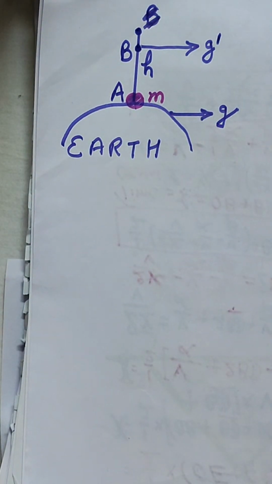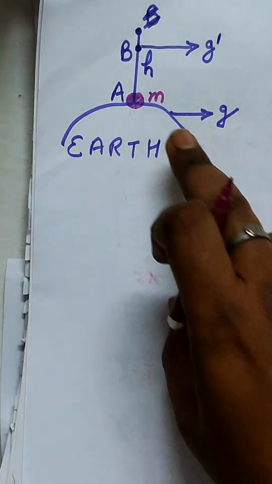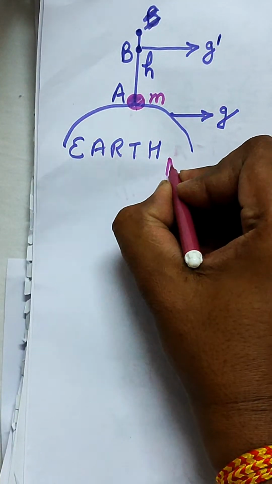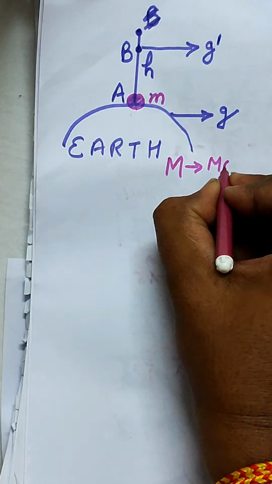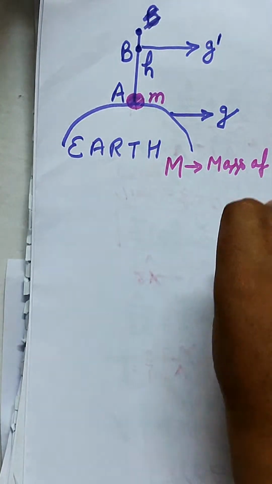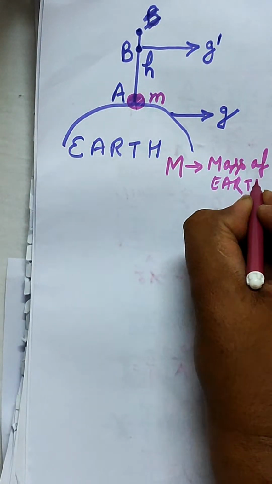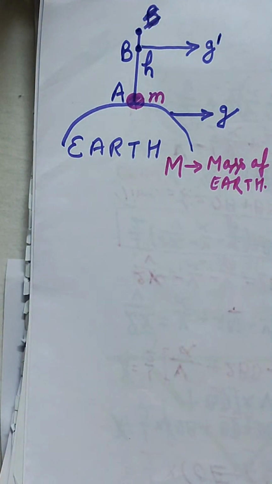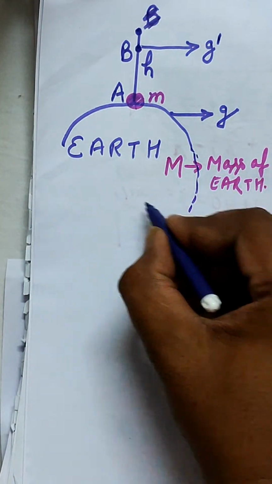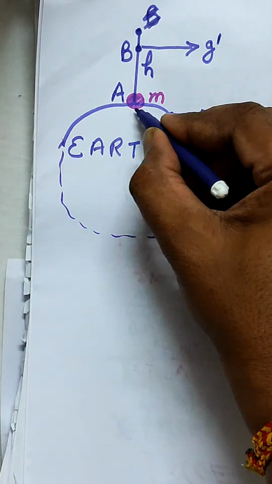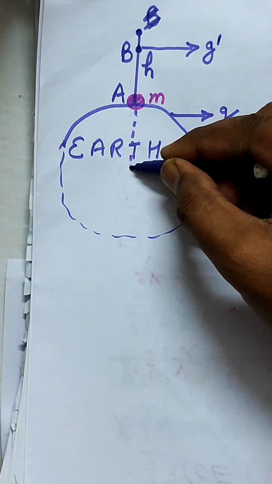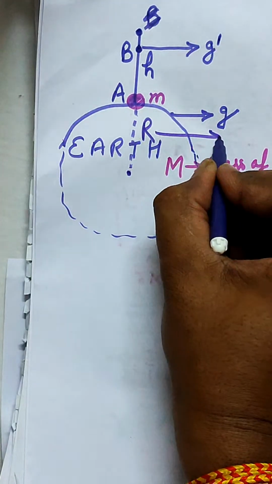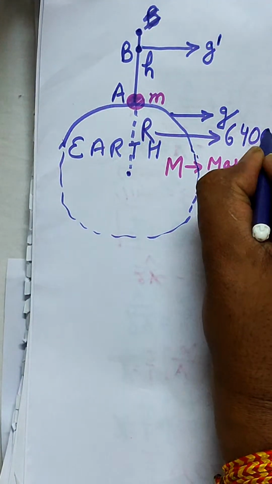Now what we will be deriving is, if this mass m is lying on the surface of earth, and capital M is the mass of earth, and its radius, let us say this earth is making a circle like this, then this radius till the center is capital R, and R is given to you as 6400 kilometer, right?